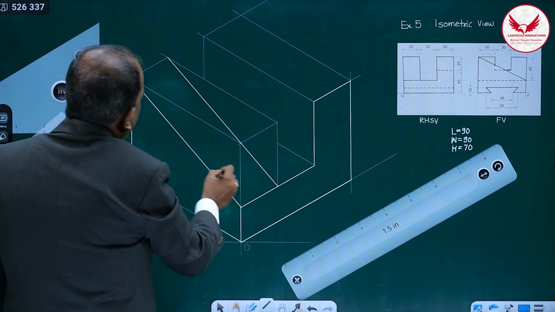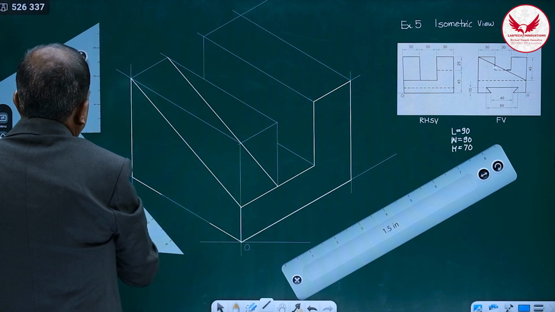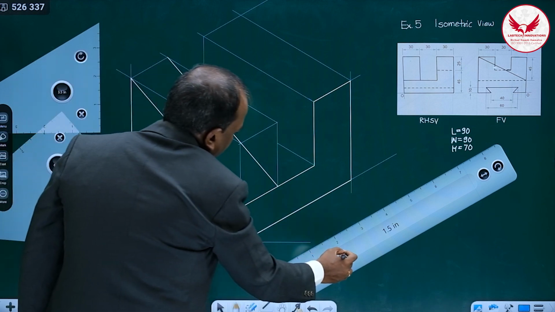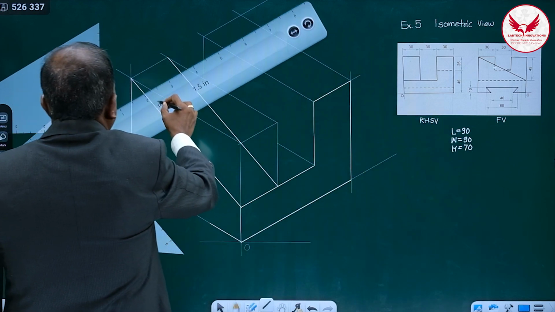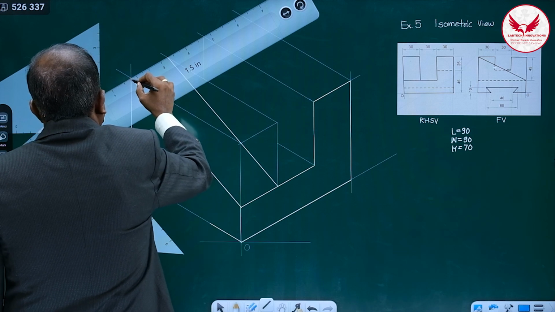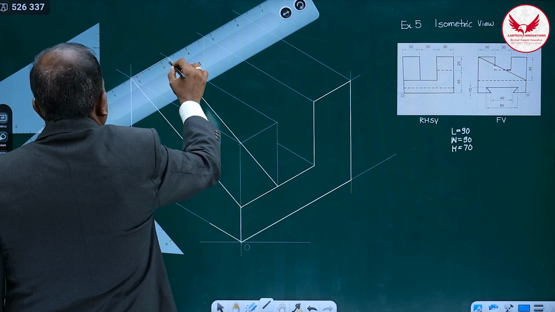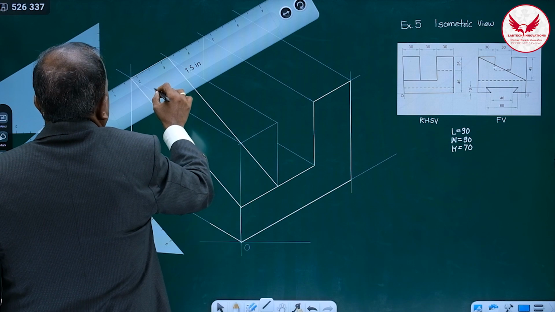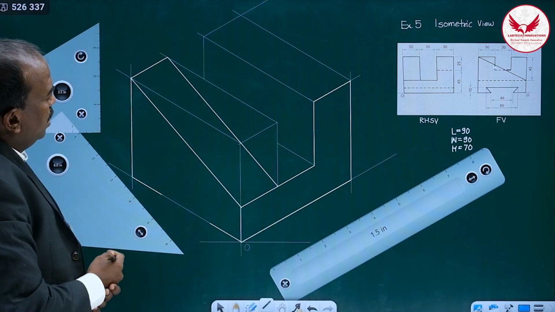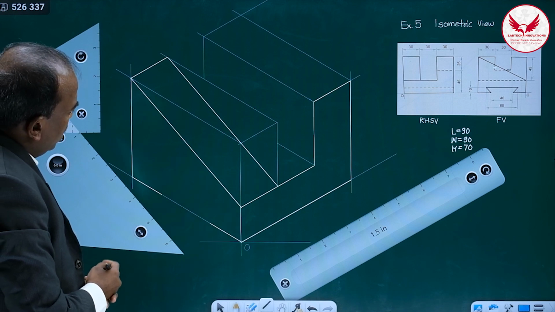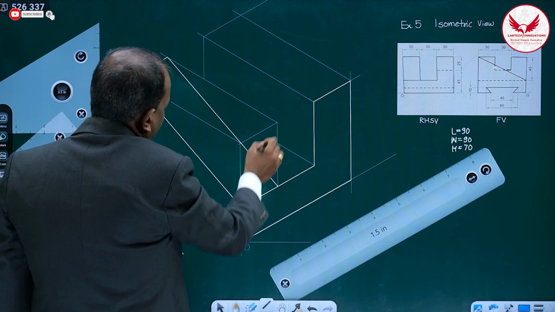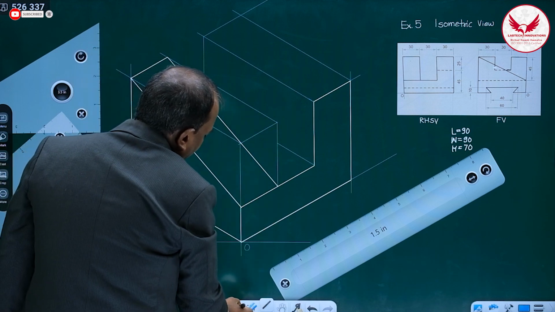Now either you can remove this line or you can keep it. If you find those lines are creating a problem, then you can remove them. And now, except that trapezoidal slot, this portion, you will easily understand that this part is over. Then what is my suggestion? Always remove such light lines. They create problems for you.